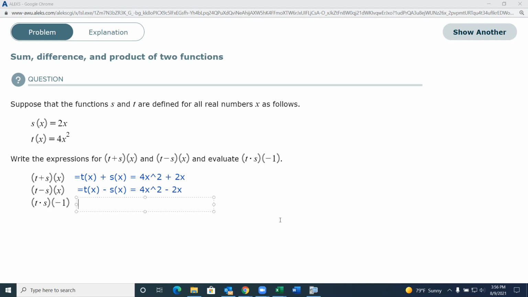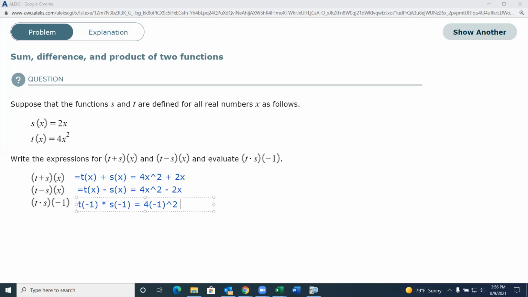All right. This last one means t of -1 times s of -1. So t times s of -1. And so t of -1 is, so this time we're actually plugging a number in. So we'll go 4 times -1 squared.